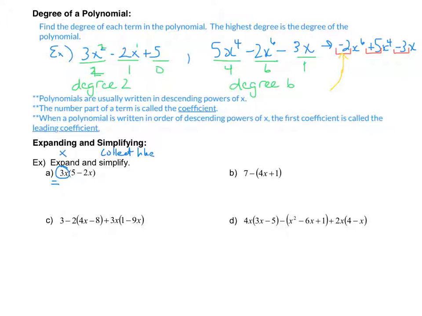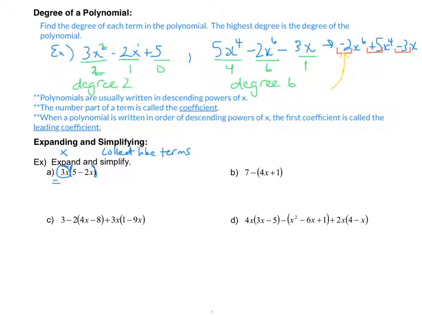If I look at this very first example here, we have 3x multiplying the 5 take away 2x. So that 3x has to multiply everything inside this bracket here, which means the 3x is going to multiply the 5, and when it does, 3 times 5 gives us 15.